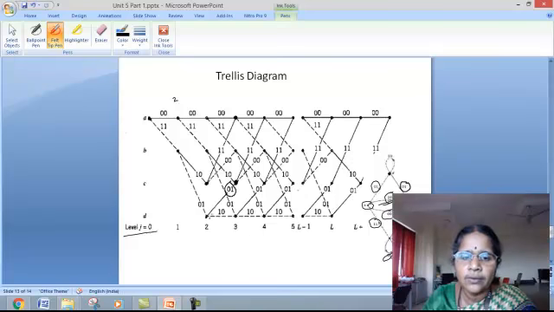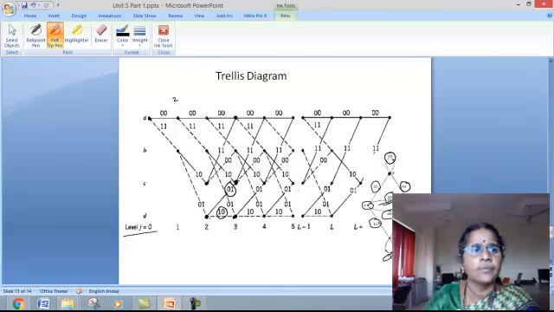So, take a solid line, go to state C with an output of 0, 1. From state D, if the input is 1, go to state D itself, producing an output of 1, 0. That is the dash line.